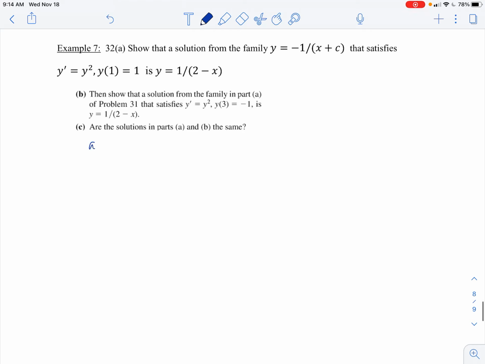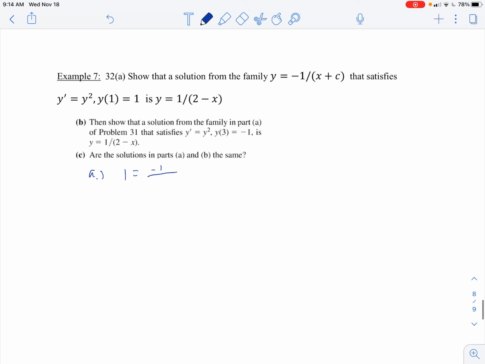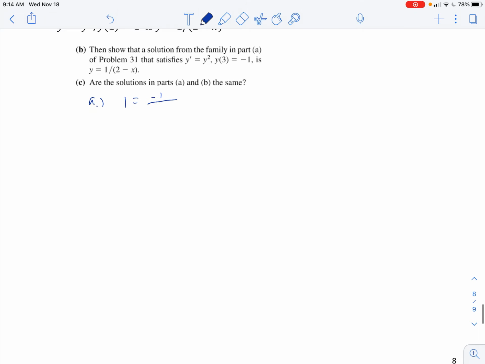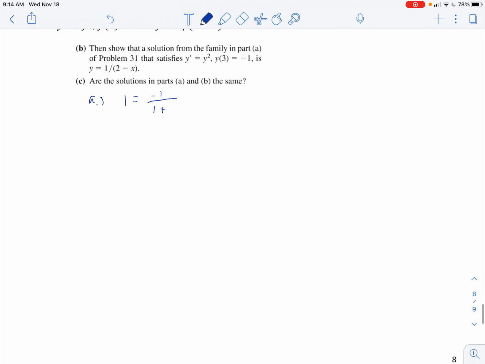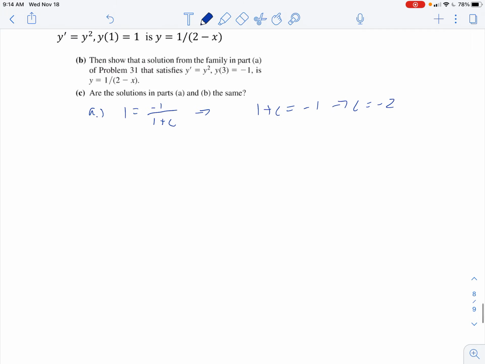So A, we have our y value, which is 1, is equal to -1 over x, which is going to be 1 plus c. And then we're going to solve, so I'm just going to cross multiply, get 1 plus c is equal to -1, subtract, c is equal to -2. So yes, that is a solution.